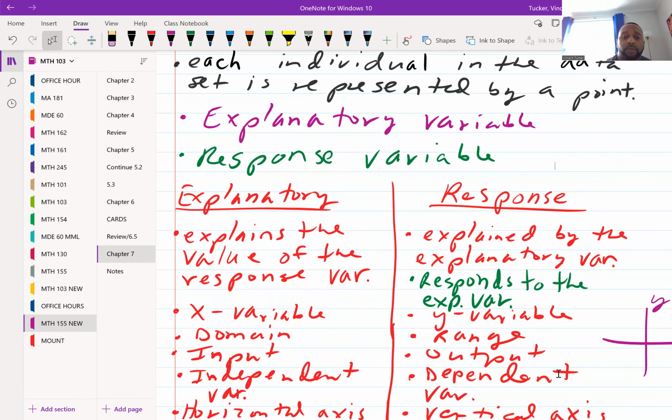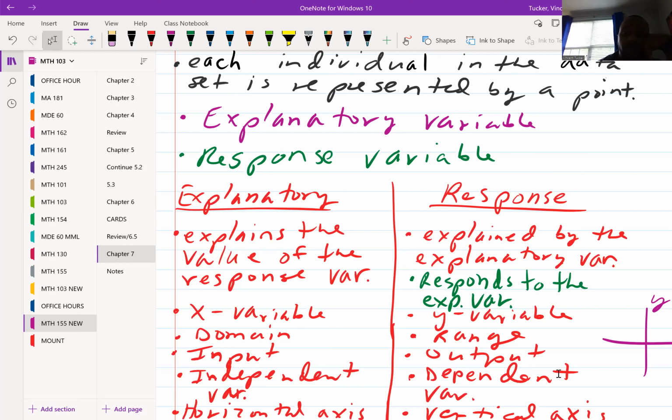So here's just a comparison between the two, the difference between the explanatory and response variable. So the explanatory variable explains the value of the response variable, and the response variable is explained by the explanatory variable. In other words, it responds to the explanatory variable.